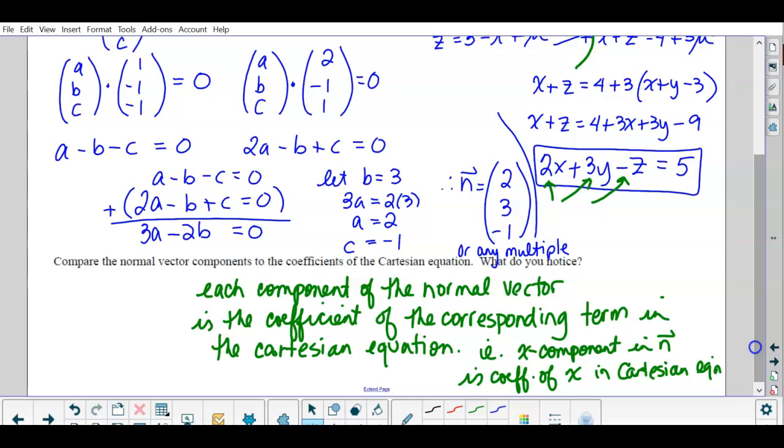Okay, so we know now what the form of a vector equation of a plane is. Position vector plus multiples of two direction vectors. We know what the Cartesian equation looks like. And now a third version is called the normal equation of a plane.